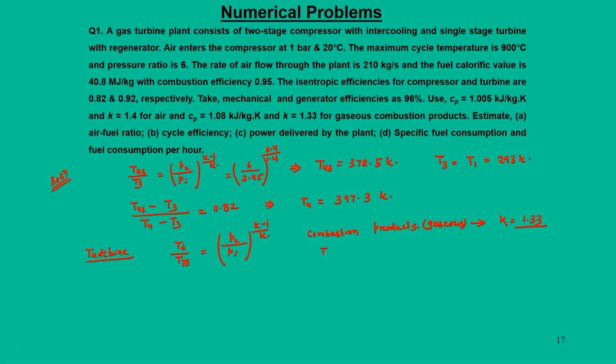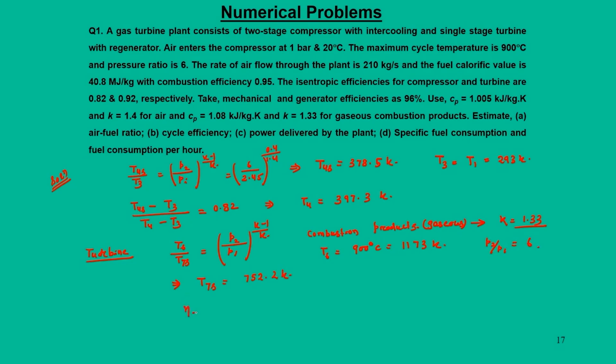And we also have from this data, T6 is 900 degree centigrade, which is 1173 Kelvin. So, from this expression we get T7S as 752.2 Kelvin. Of course, your P2 by P1 pressure ratio is 6.